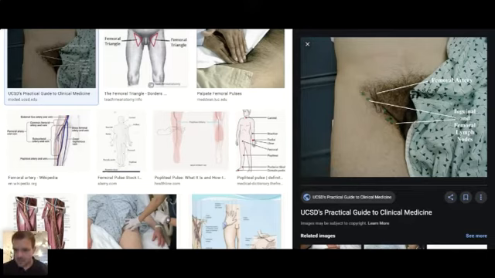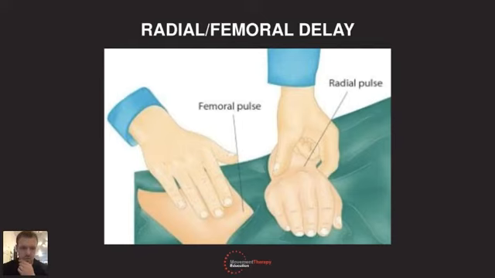Let's go back to that. Cool. So femoral pulse, ASIS to pubic bone, halfway along the line of the inguinal ligament, and then you feel just underneath that ligament, and you should be able to feel a pulse in there and palpate the radial one as well. No problem. Cool.